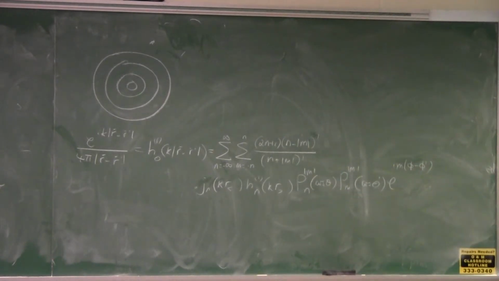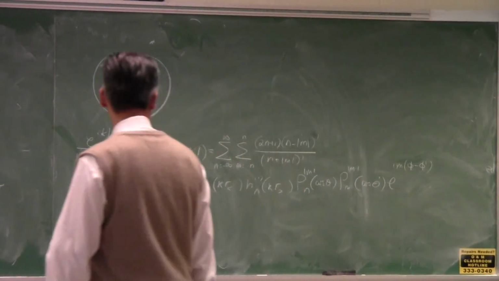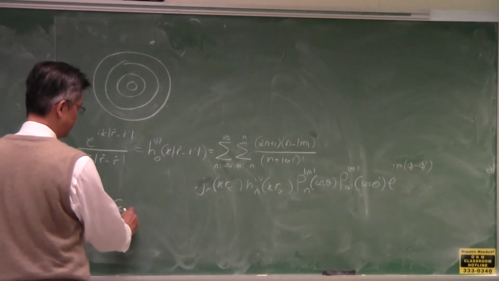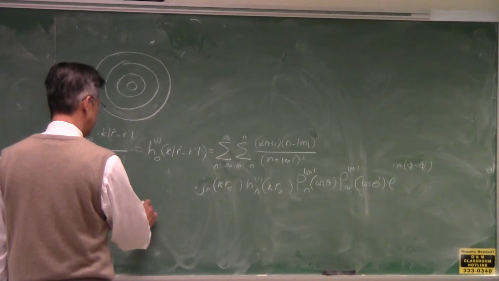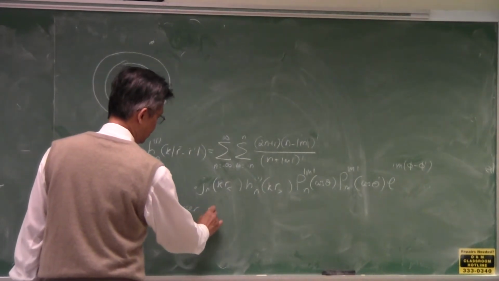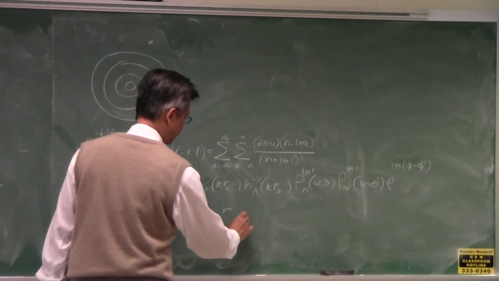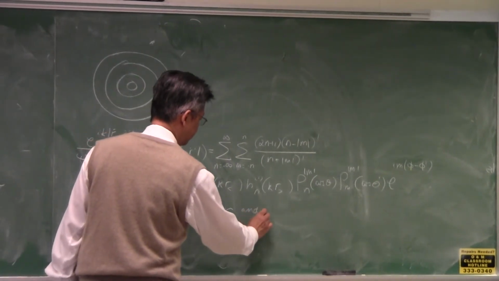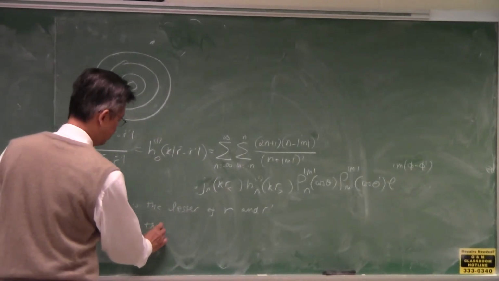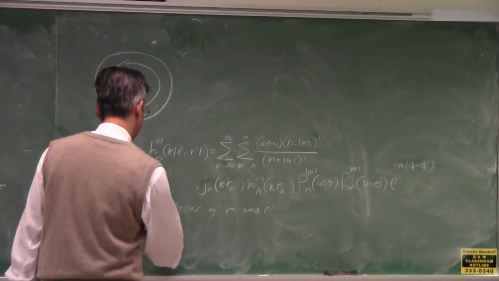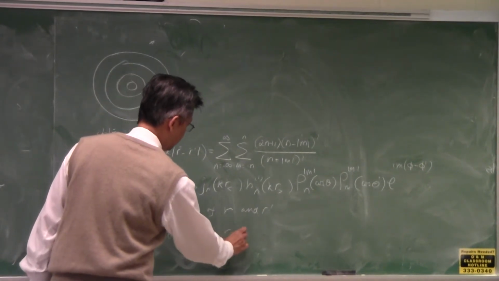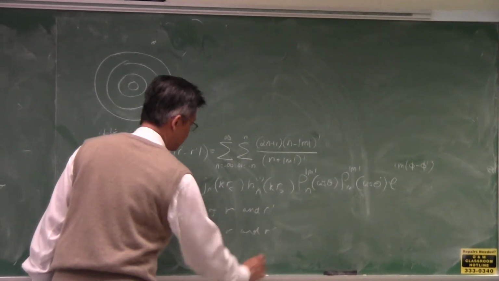Okay, so it turns out the spherical wave can be expanded as such, where r less than is the lesser of r and r prime. R greater than is the greater of r and r prime.